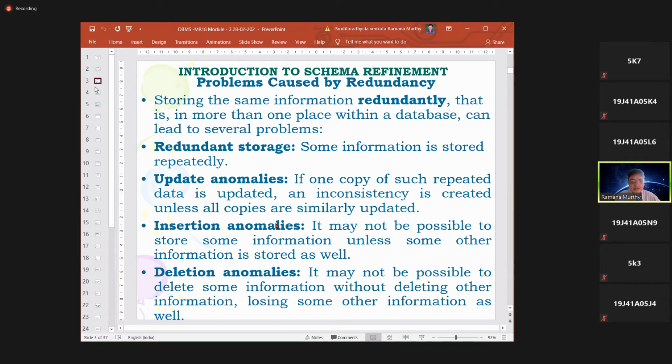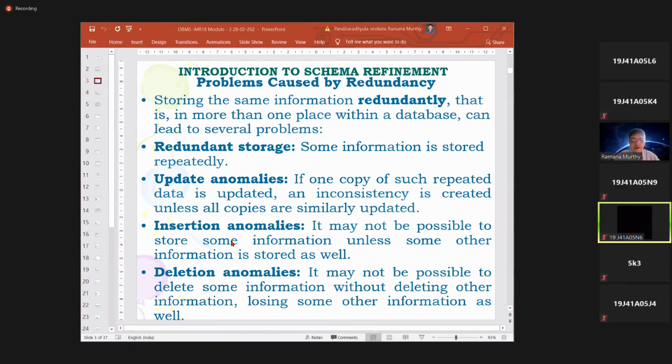Insertion anomaly means we want to store some information, but inserting the data may restrict us unless some other data is available. For example, I want to insert information related to a student who wants to enroll in a course.